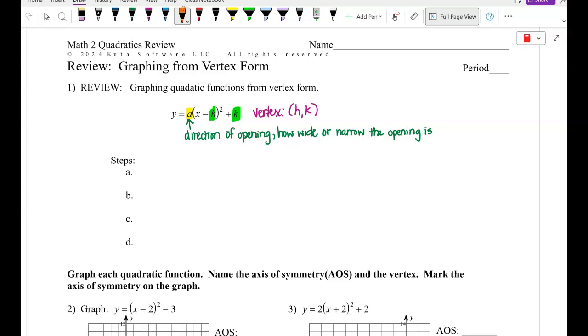So I'm going to put a little asterisk here and then put a little explanation over here. h is the opposite sign from the equation.